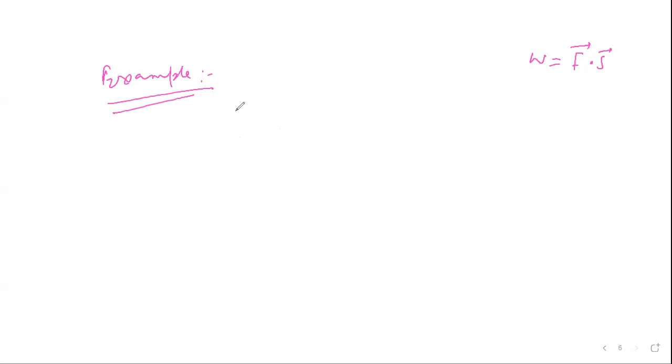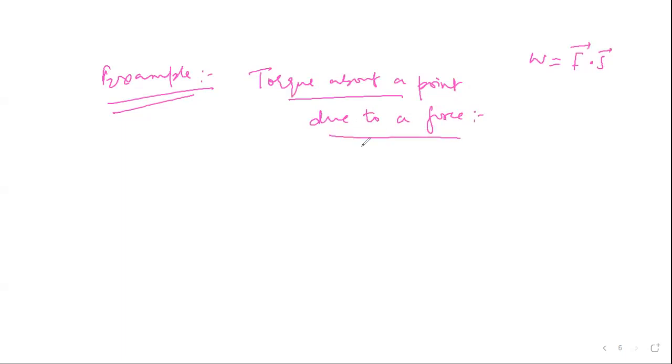And one example is torque about a point due to a force. Torque was defined about some point, and it is due to some force. You have done it in your 11th class.